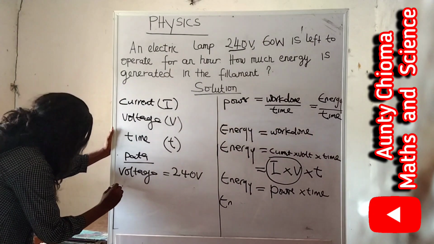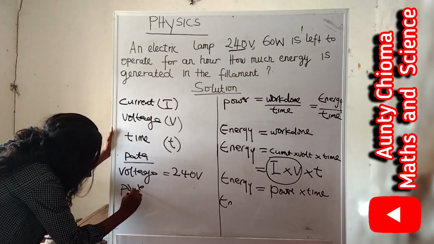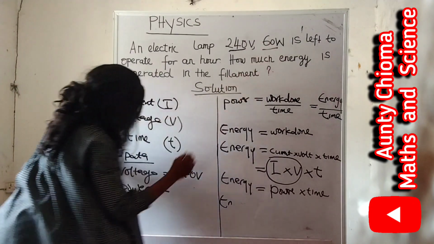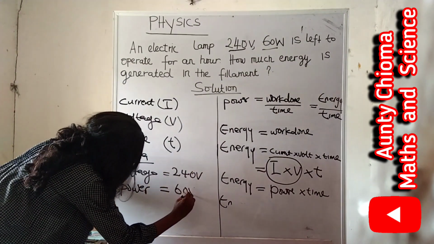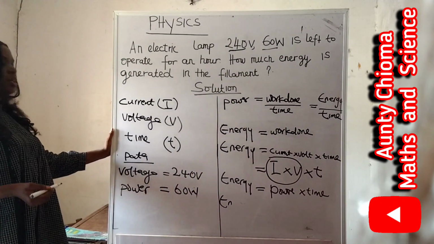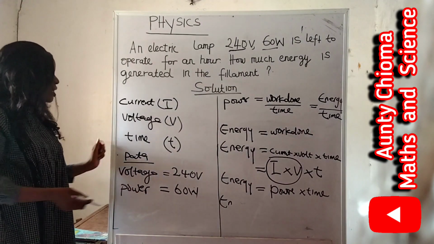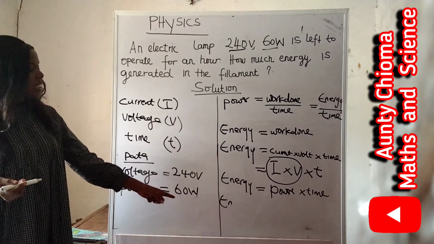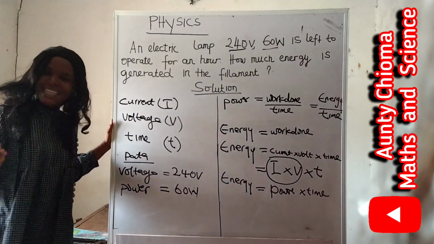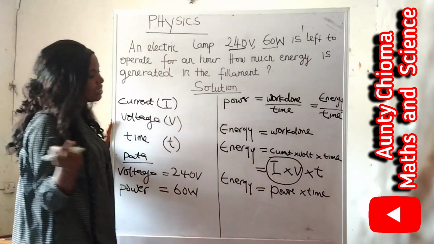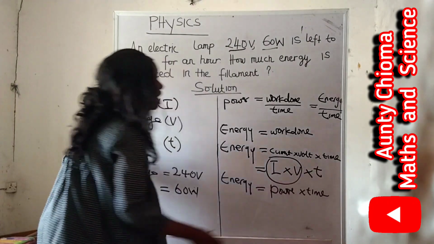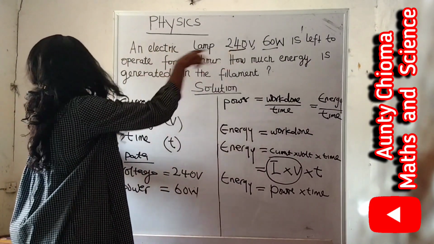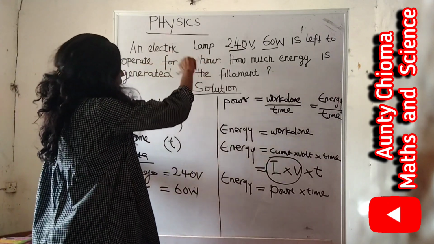So we write power is equal to 60 watts. So we have as our data voltage equals 240 volts and power equals 60 watts. Is it complete? I think it still remains one. Yes, it remains time. Are we given time? Yes. We are told that it is left to operate for an hour.